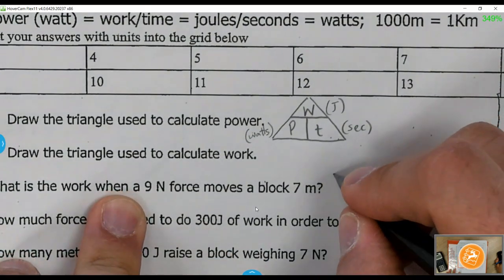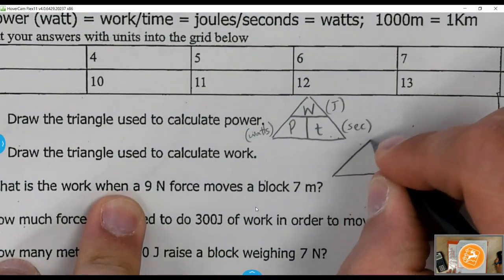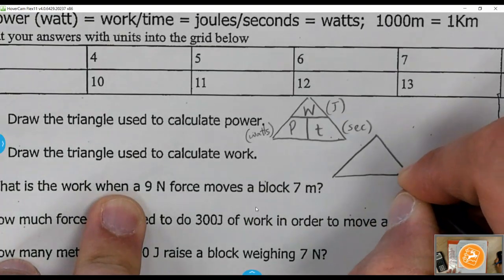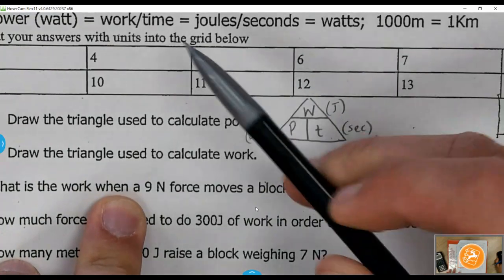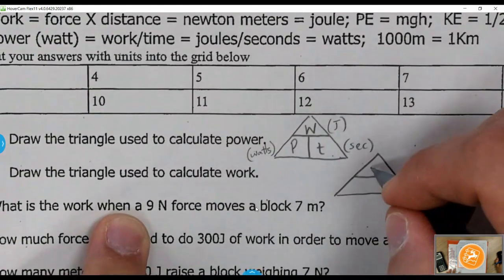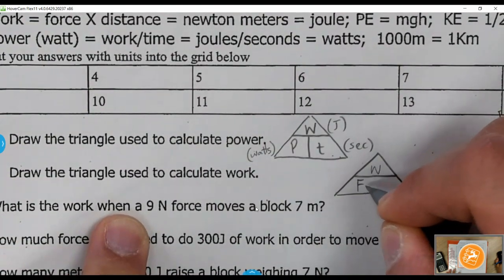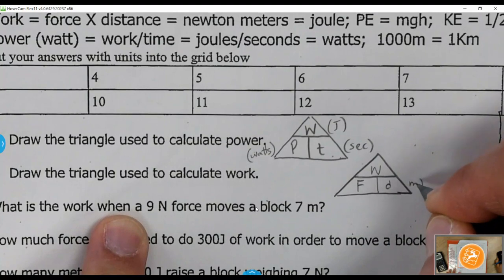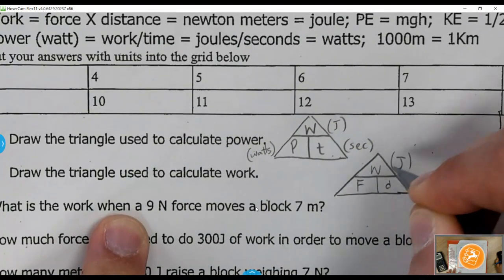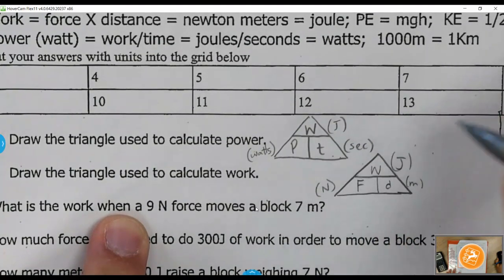Triangle to calculate work. Up here it tells me that work is force times distance. So W is F times D. D will be in meters, work is in joules, and force is in newtons.